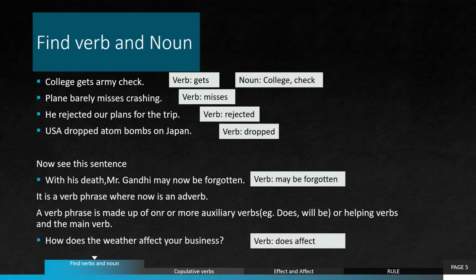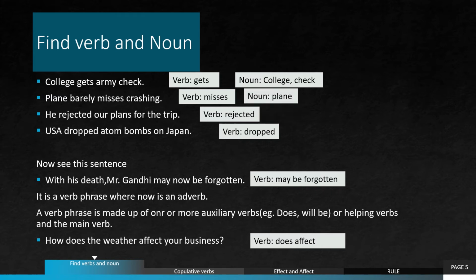Okay, now find the noun. In the first statement, the noun is college and check. The army check: army modifies check. It extends the meaning of check, that the check is performed by army. In the second sentence, plane barely misses crashing, the noun is plane.